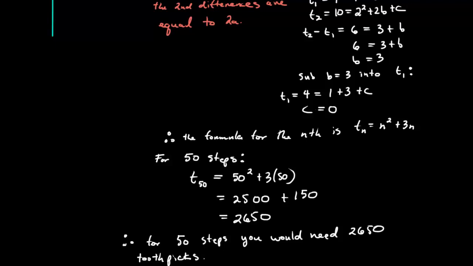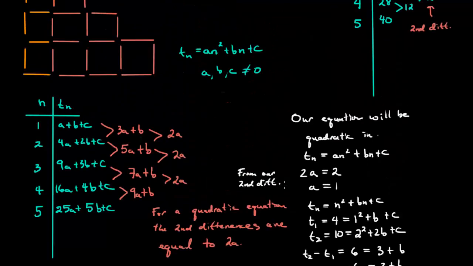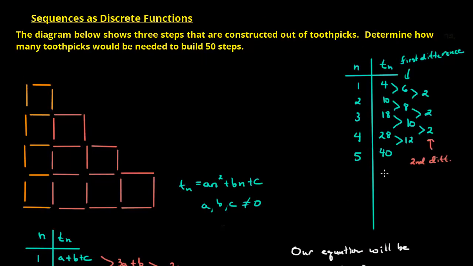So a problem-solving strategy that we just learned in this lesson is that if we have a sequence and we're having trouble coming up with an equation for that sequence, one method is to build a table of values and then look at the finite differences. If the first differences are constant, then the equation is going to have a linear dependence on n.